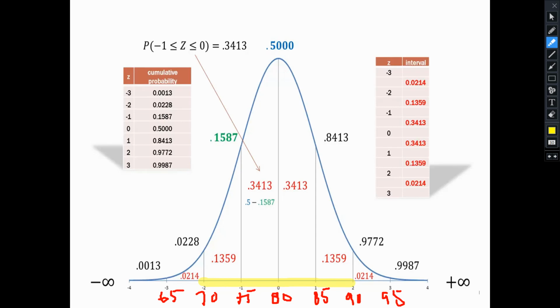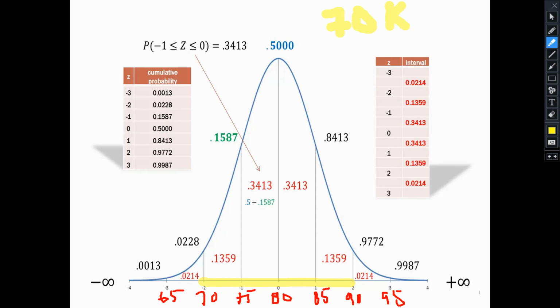Now if we know the total population, it's very simple. Let's say the total number of students who have given the exam is 70,000, and we want to know the exact number of students who have scored between 70 and 90.